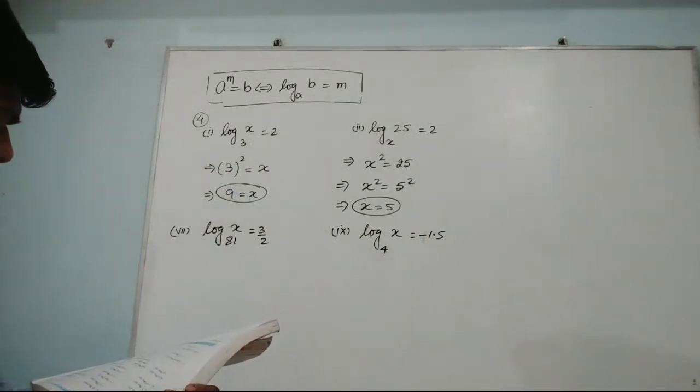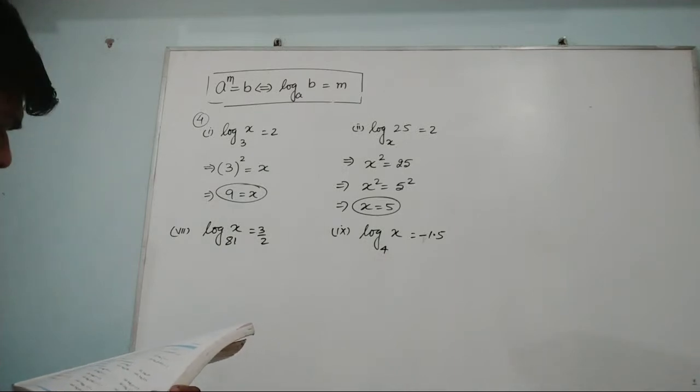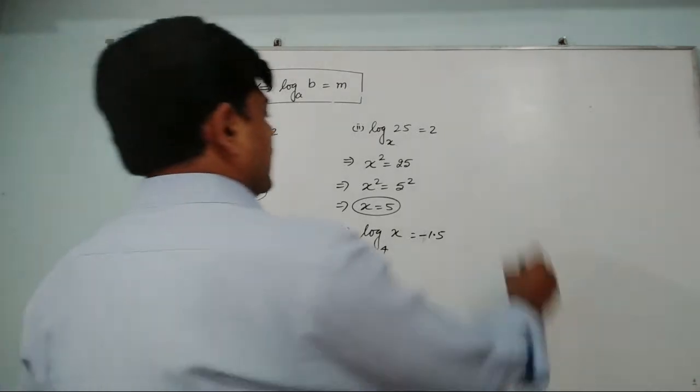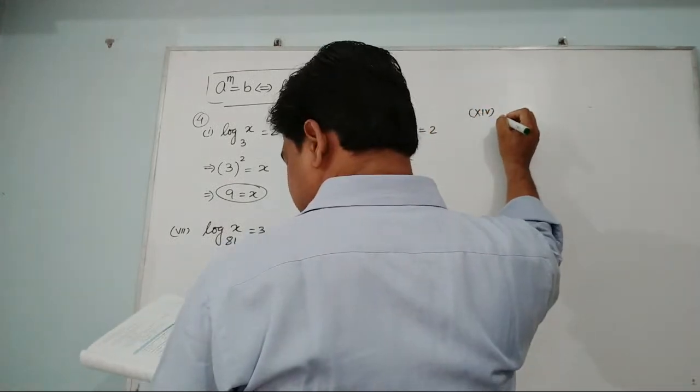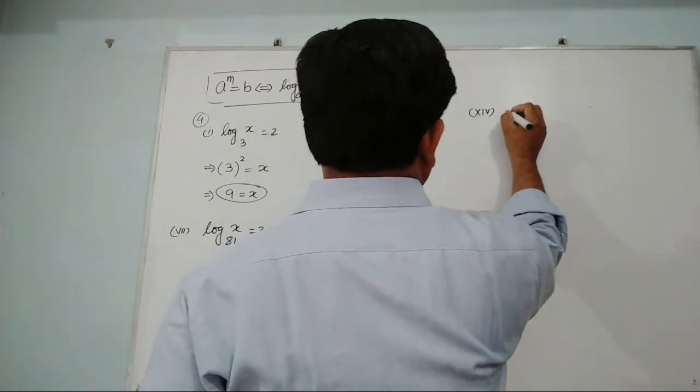Then I'm moving to the next one. 7th we have written, 9th we have written, and one more I want to write, that 14th. Why am I writing the 14th one? Actually here a base is given in the form of a root.